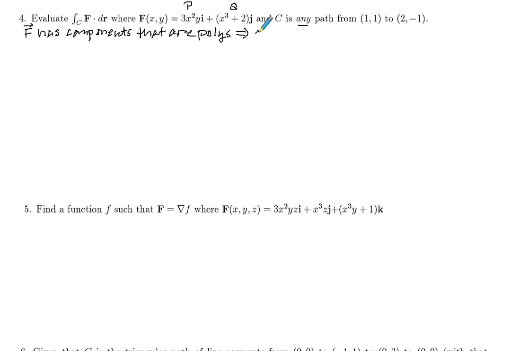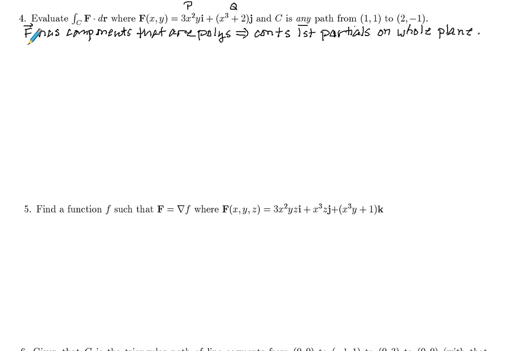So this is going to tell us that we're going to have continuous first partials. That was the first part of checking to see if a vector field is conservative. And they need to be continuous on sets that have a certain property, but these are defined on the whole plane. So we're going to have continuous first partials on the whole plane. And the whole plane is an open connected region. So it's a nice region.